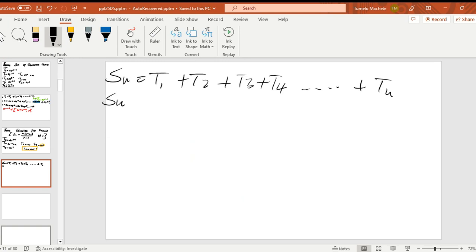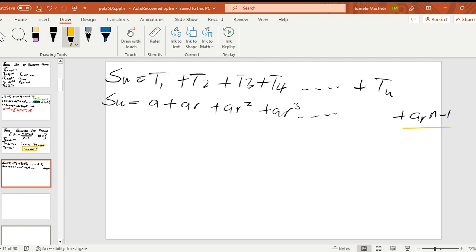Sn will be equal to term 1, which is A, plus Ar, sorry, it's Ar, then Ar squared plus Ar cubed. That's your term 4. Then dot dot. I'm going to leave a space. I'll tell you why. Then it will go on up to Ar^(n-1). So you know that Ar^(n-1) is your Tn, which is your last term.